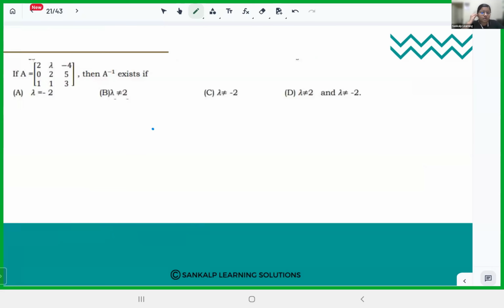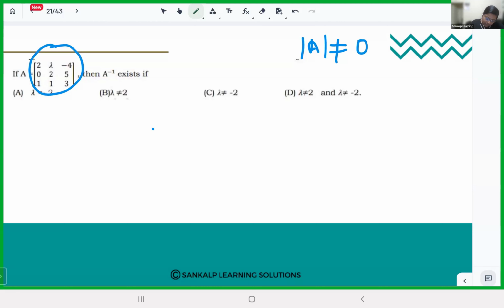When will a matrix become non-singular? When its determinant is not equal to 0. Determinant should not be equal to 0, right? Which means you have to find a lambda such that determinant of this matrix should not be equal to 0. Then we can say that the inverse of that matrix exists.